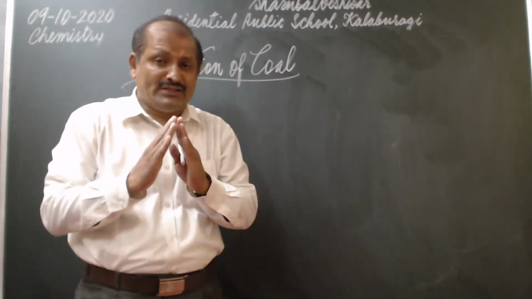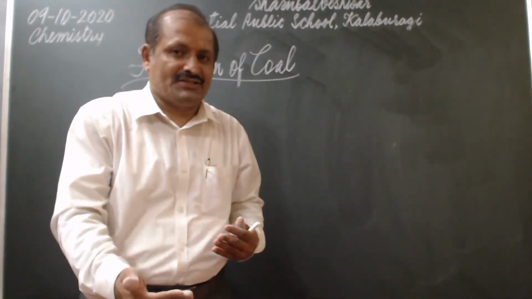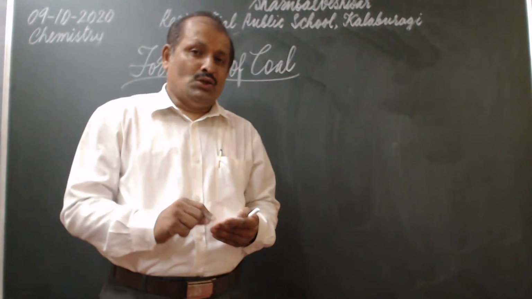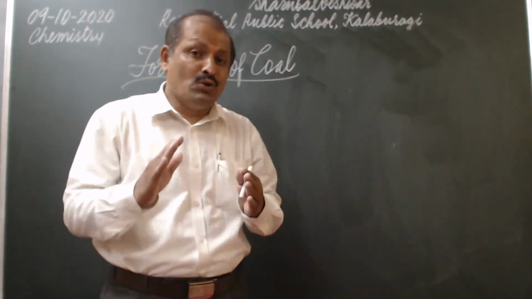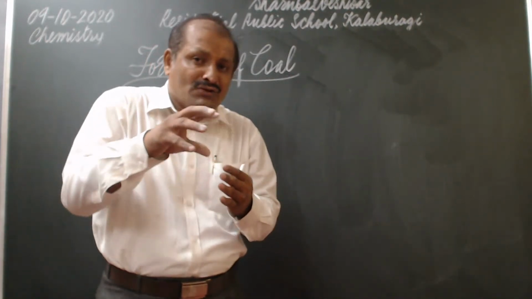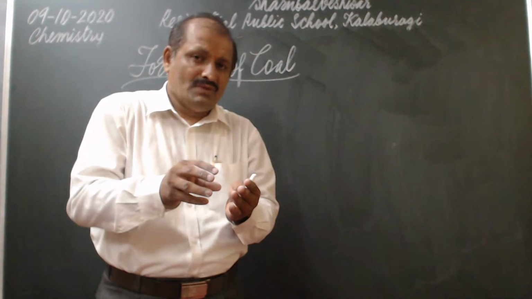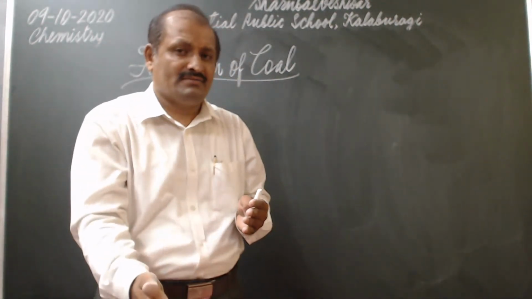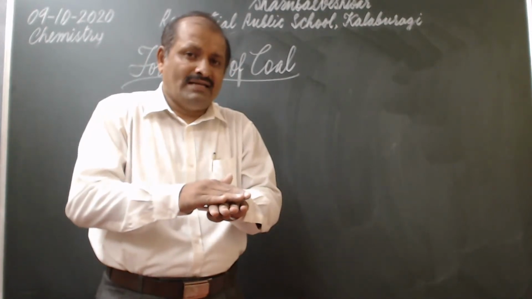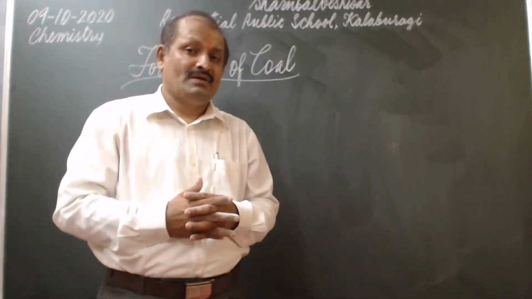Very simple. I request all the students not to memorize the answers by heart. See how coal is formed. Coal is formed in the earth's crust. How is coal formed? See, the dense forests are there. Those dense forests got buried due to natural disasters, and the whole mass of the vegetation went deeper and deeper into the earth, covered by a layer of soil, and it is under high pressure and temperature for a long time, millions of years.